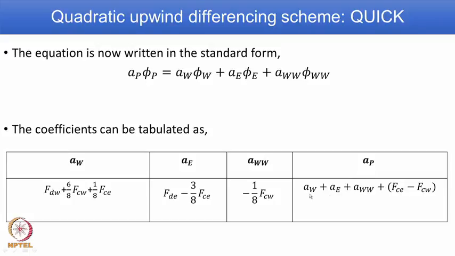Hence, we replace them with the corresponding coefficients, that is A at W and A at E. In addition, for this QUICK formulation, we get a similar expression, that is A at WW, and these are additional terms. So, it is necessary only to calculate coefficients AW, AE and AWW, and they go into the expression of AP also. Hence, the only new terms that we have to calculate are FCE and FCW to get the coefficient value for AP.